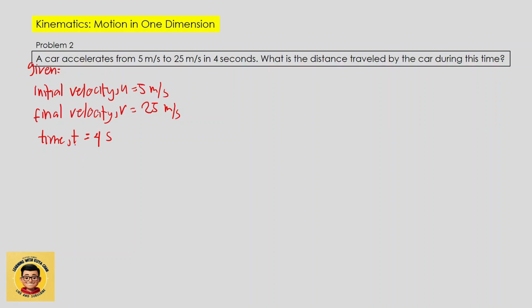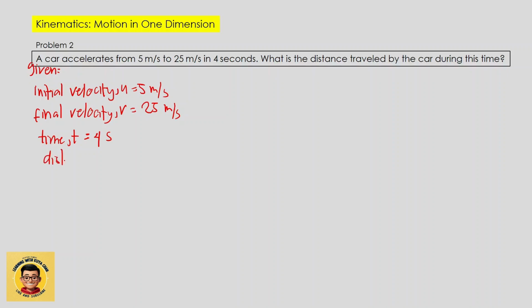So in this problem, we are trying to find the total distance traveled by the car, which accelerated from 5 meter per second to 25 meter per second in 4 seconds. So what we are trying to solve here is the distance or the displacement.